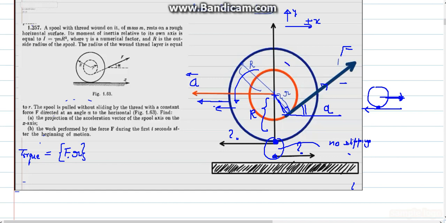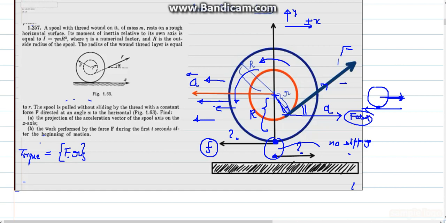So rotation will be in this direction and the movement will be in this direction. To have the movement in this direction, the friction force has to be in this direction, and this force projection along the axis is F cos alpha.